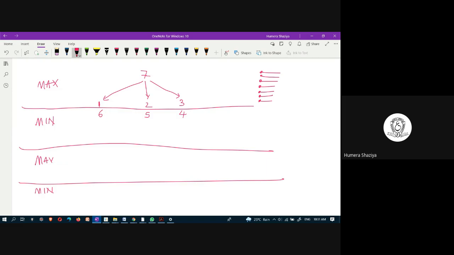Max can choose 1, 2 or 3. If Max chooses 1 out of these 7 matchsticks, 6 would be remaining. See, here it is 6. If 2 are chosen, 5 would be remaining. If 3 are chosen, 4 would be remaining. Out of 6, now what are the options for Min?